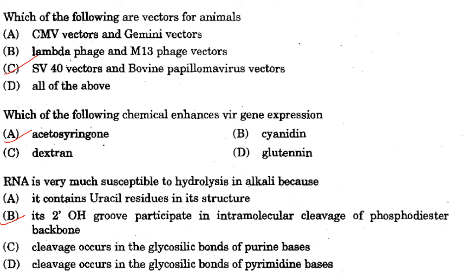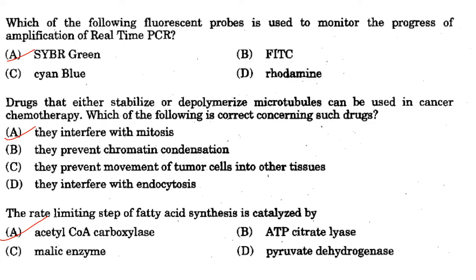So answer is option B. Then next one, which of the following fluorescent probes is used to monitor the progress of amplification of real-time PCR? Answer is option A, SYBR Green.